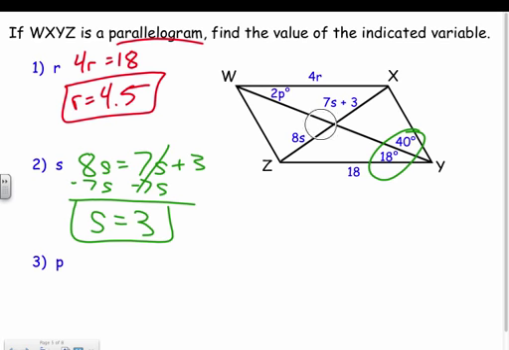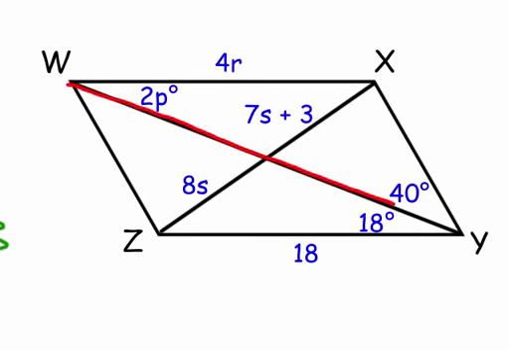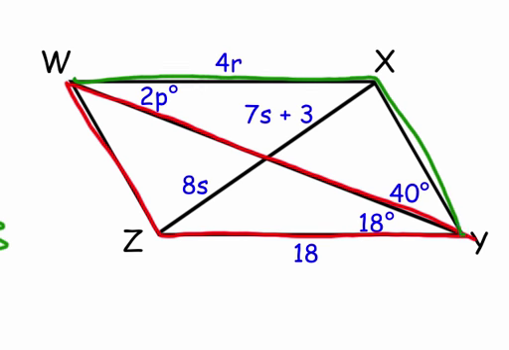Well, what was our last theorem there? Remember, if I draw a diagonal, it splits it into two congruent triangles. So this angle matches up with which angle? This one down here, doesn't it? The 18 degrees.